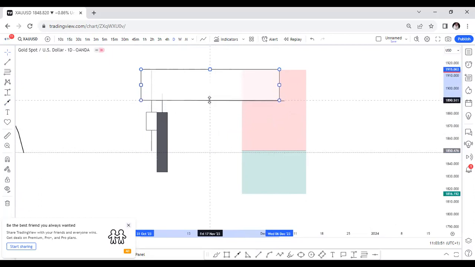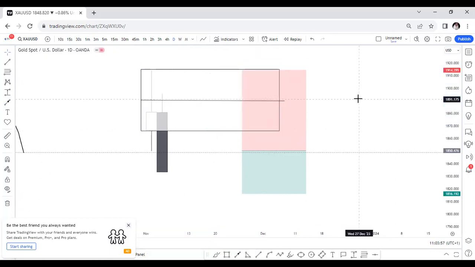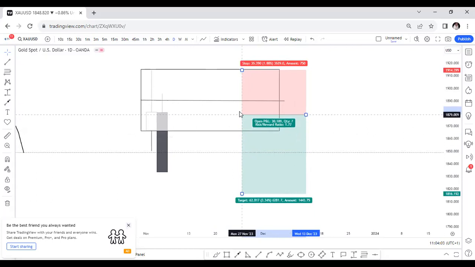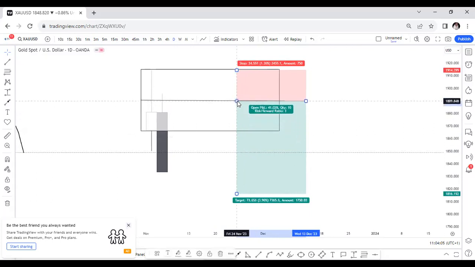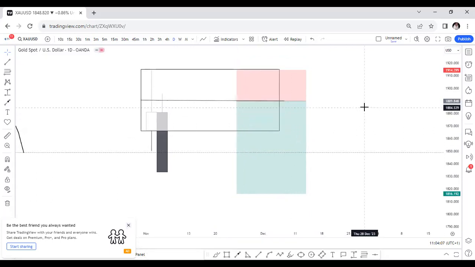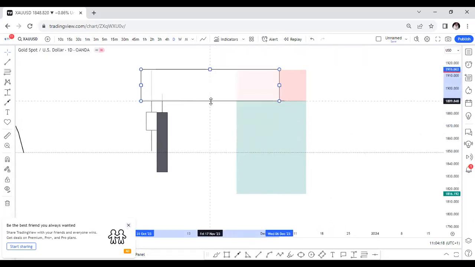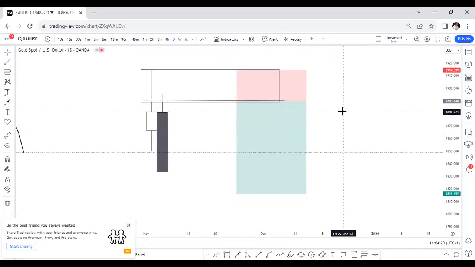But in some cases, price may not get to that place. What do you do? If you don't want to use the DC, you can also refine the chart. It depends on the time frame you are using. If you are using a higher time frame, you can refine the DC lower.